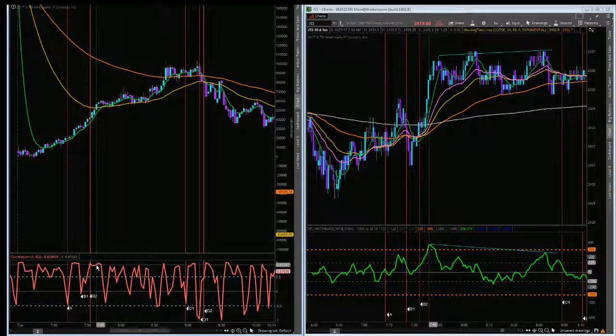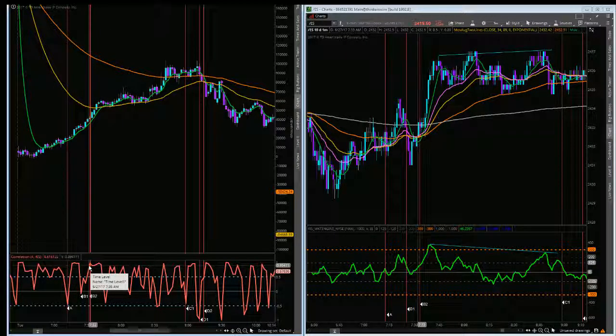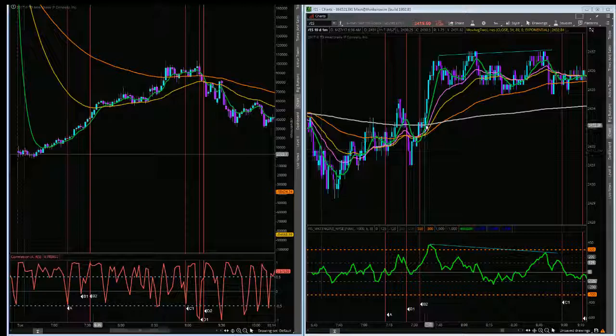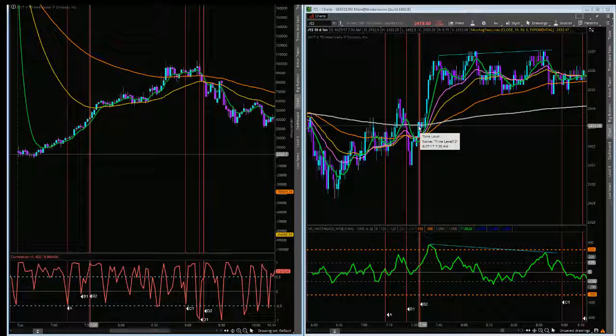So if you want the confirmation, because this is too scary, then you wait for it to come up here and you look right there and ask, what's it telling me? Well, it's telling me that the effectiveness chart continues to push up, and now what's price doing over here at B2? It also is going up. So it's saying this market is in alignment when price is going up because the market effectiveness chart is going up. So there's my higher probability opportunity, to trade that to the upside.